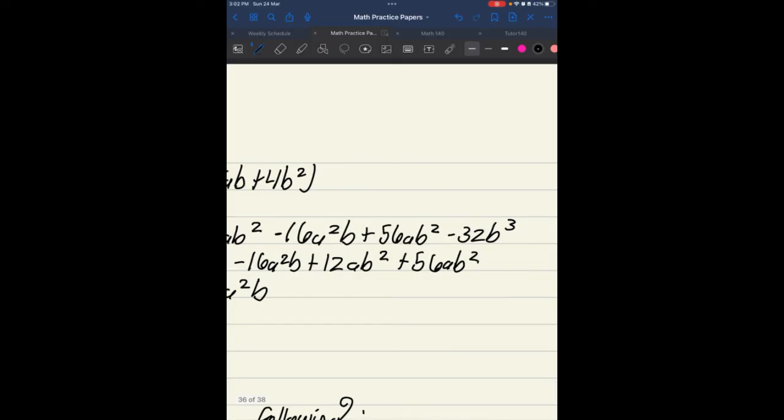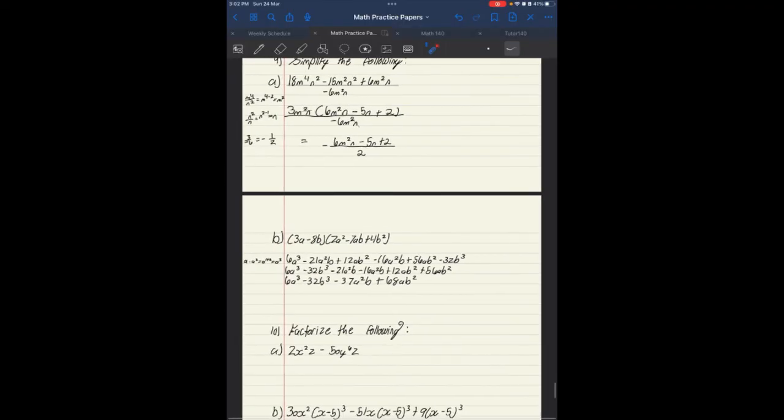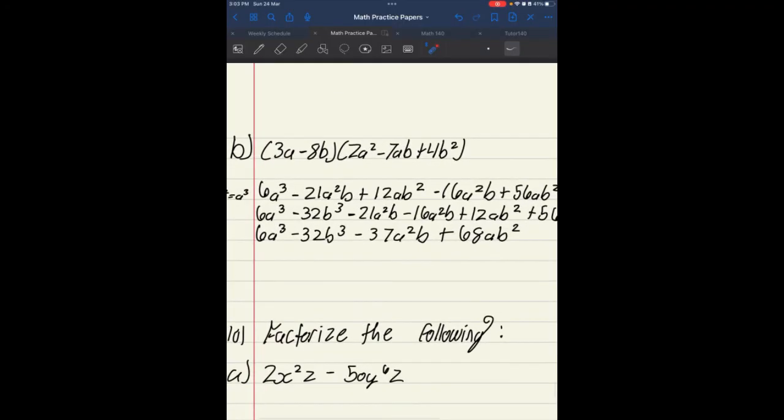And then 12ab squared plus 56ab squared, that's 68ab squared. So we add the 12 and 56 and we just put the variables with it. Okay. So our final answer is 6a cubed minus 32b cubed minus 37a squared b plus 68ab squared.